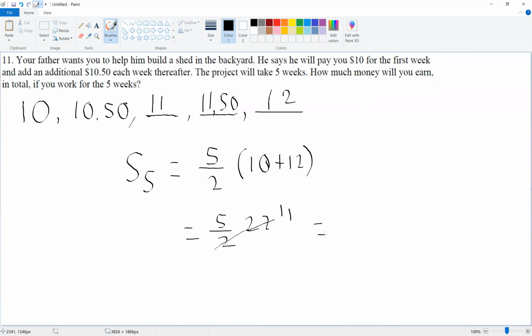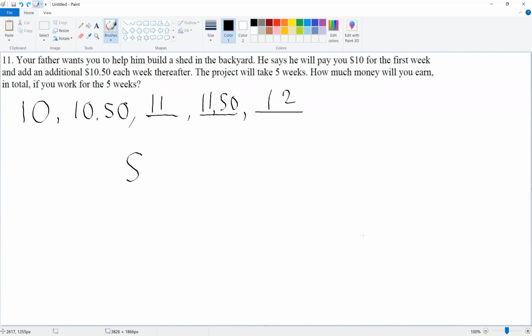How much did you say your answer was? I got 52. How did you get 52? Your numbers are 10, 10.50, 11, 11.50, and 12, right? Oh, no. Add an additional 10.50 each week thereafter. I read it wrong.